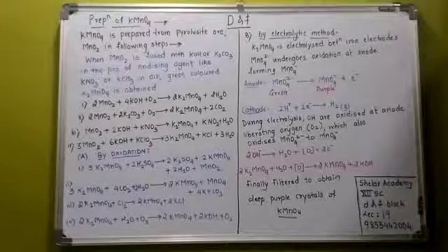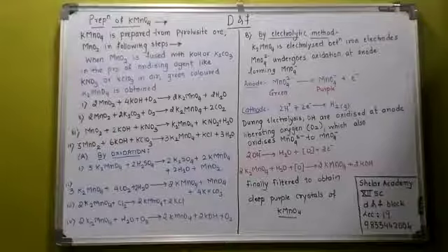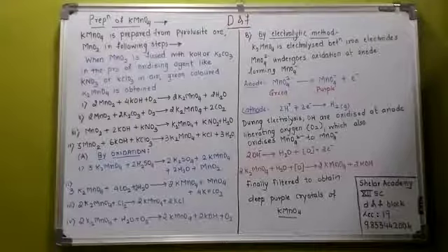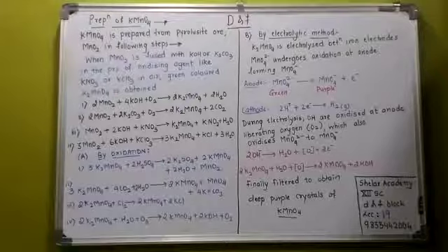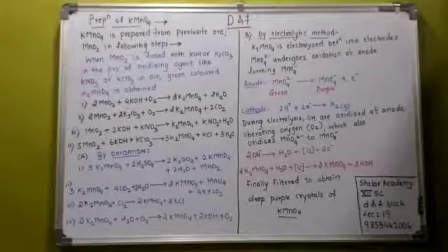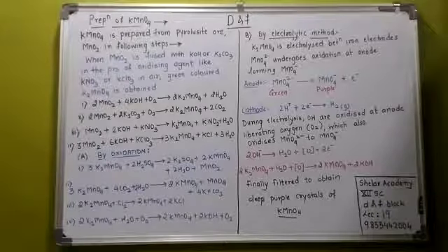In the electrolysis, K2MnO4 is electrolyzed. Iron electrodes are separated by a diaphragm, so that the manganate ion MnO4 2 minus undergoes oxidation at the anode, forming permanganate, that is MnO4 minus. What is the reaction at the anode?